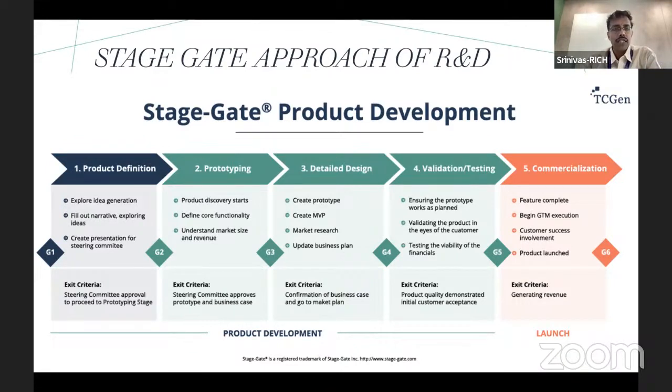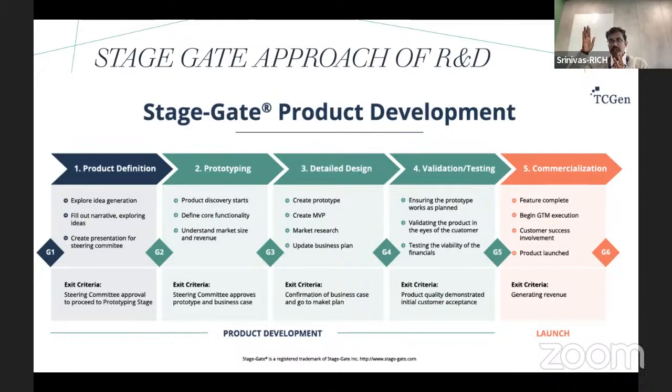So you could have hundreds of ideas that are screened and prototyped, but barely a handful, 5 or 6 ideas, would then go into the detailed design stage. This is after the gate 3 clearance. This is where the company starts putting significant resources, whether it is manpower, marketing, or any other sales assessments and other things, to prepare for the product to be launched in the next 1 year.